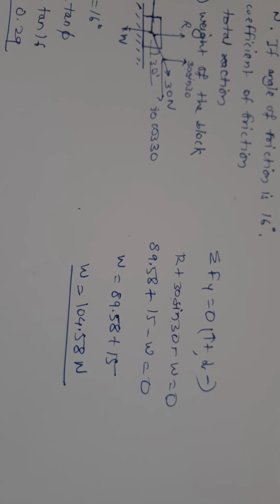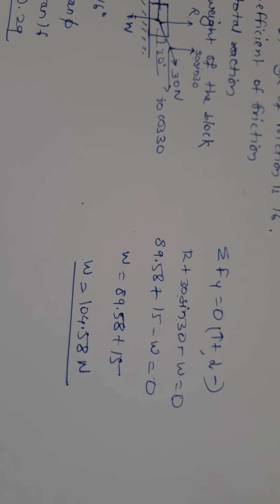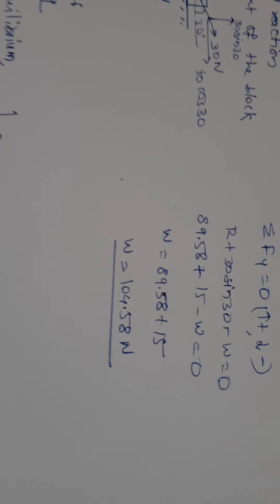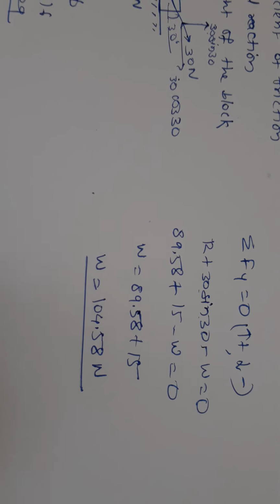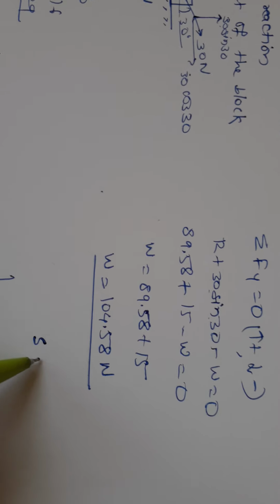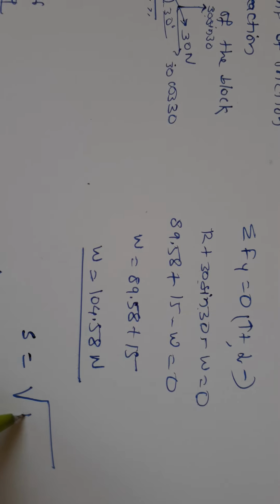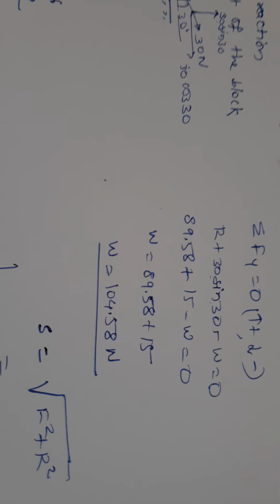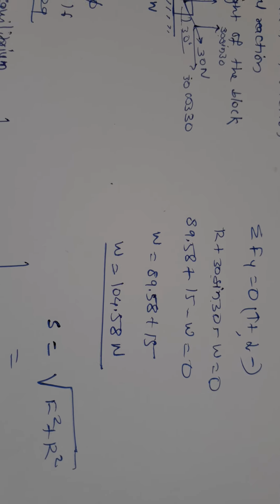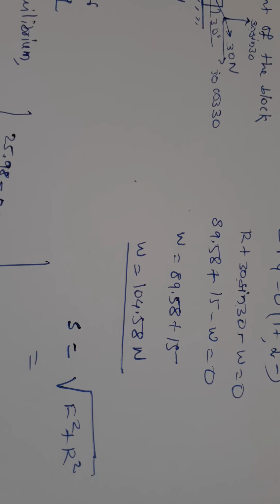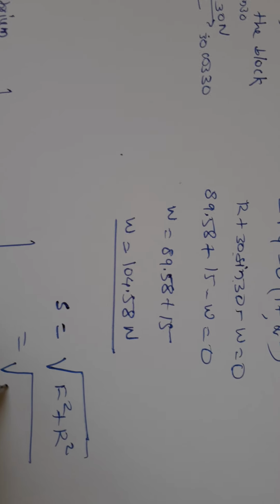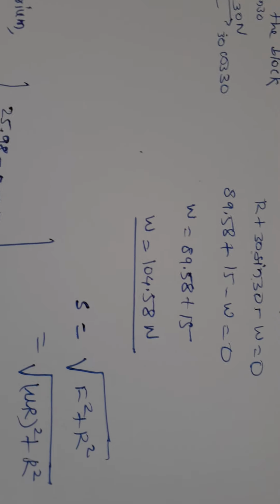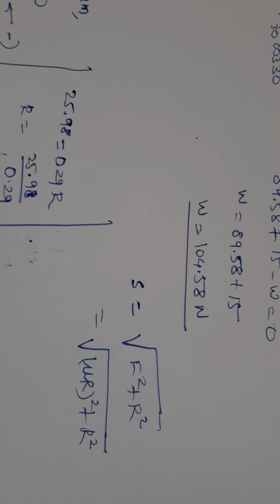So after W we have to find total reaction. So total reaction, yes, that can be calculated by the formula S equal to under root of F square plus R square. So F we know, R we know. So F is mu into R. So we have put F as mu into R in this equation.